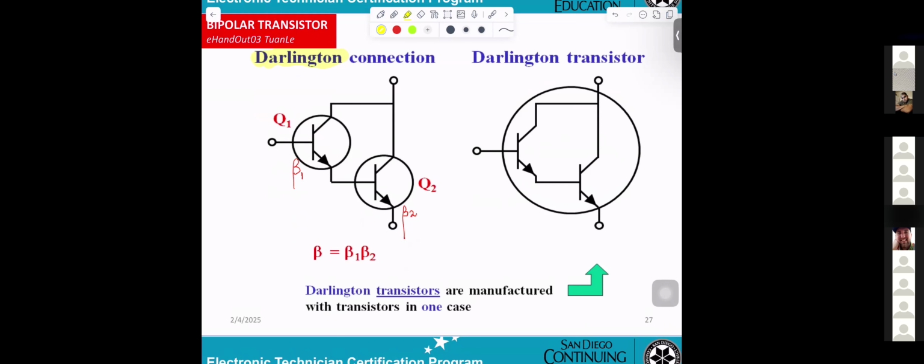If you're using it like a switch to turn the light on and off, the transistor must be in cutoff and saturation.